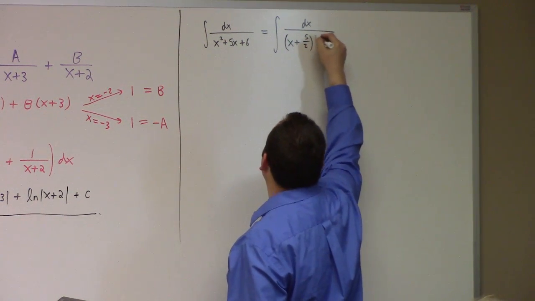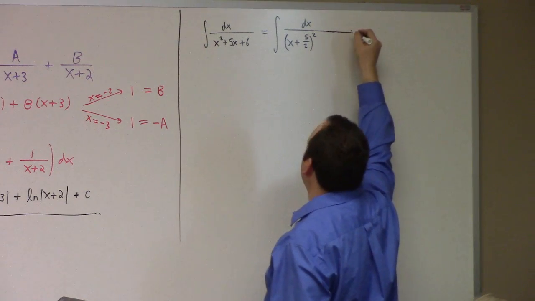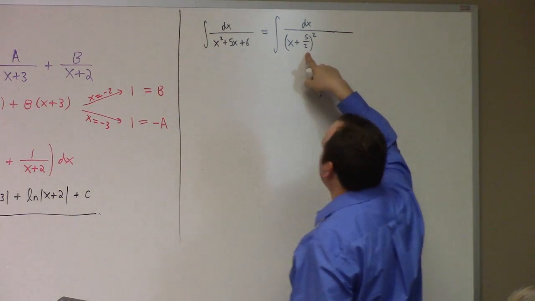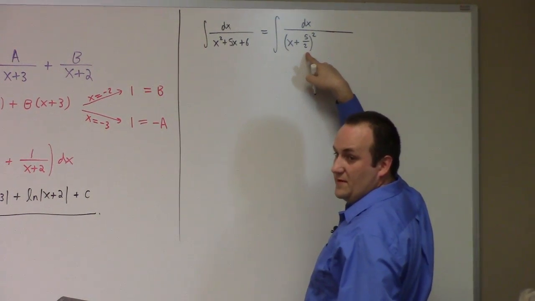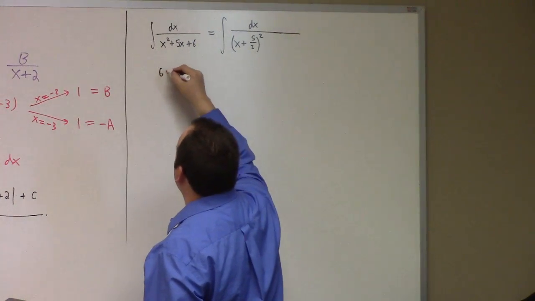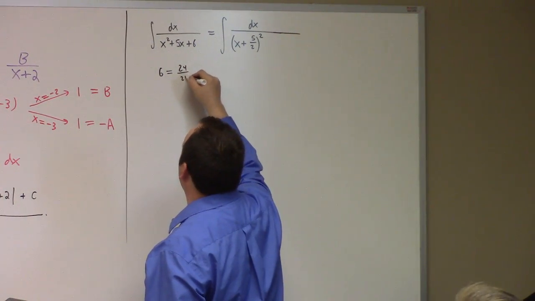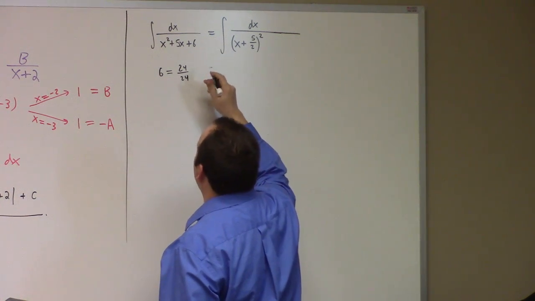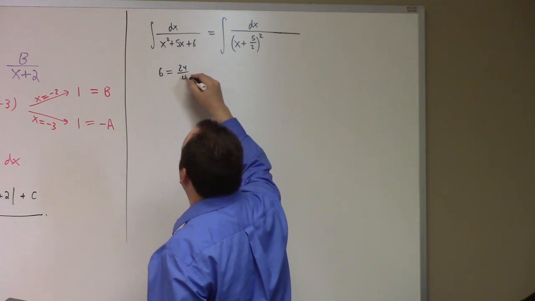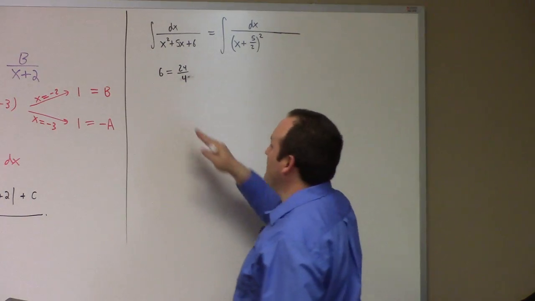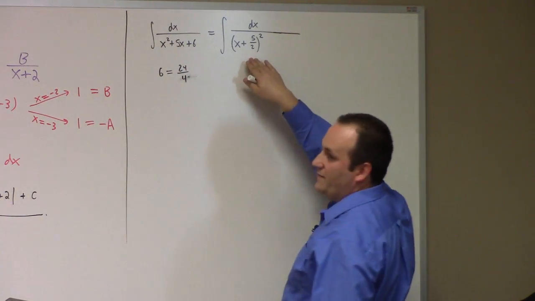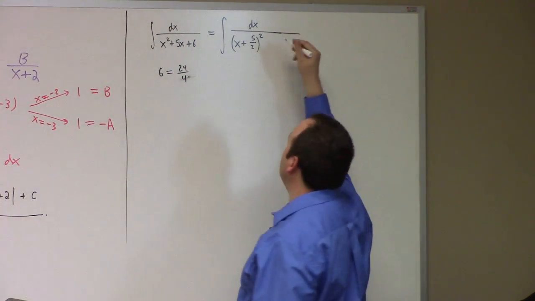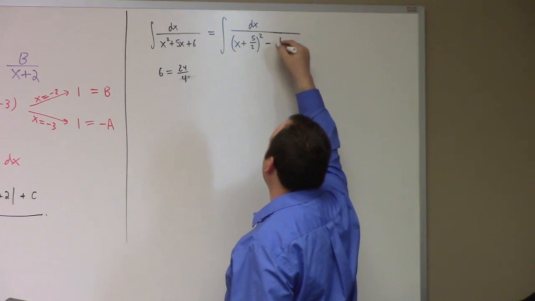Ooh, unpleasant. Squared. Then I have to subtract 25 fourths to be fair, right? So 6 is equal to what? Excuse me, not quite right. 24 fourths, right? Duh. So 24 fourths minus 25 fourths. Hey, that's actually not that bad. That's minus 1/4, right?